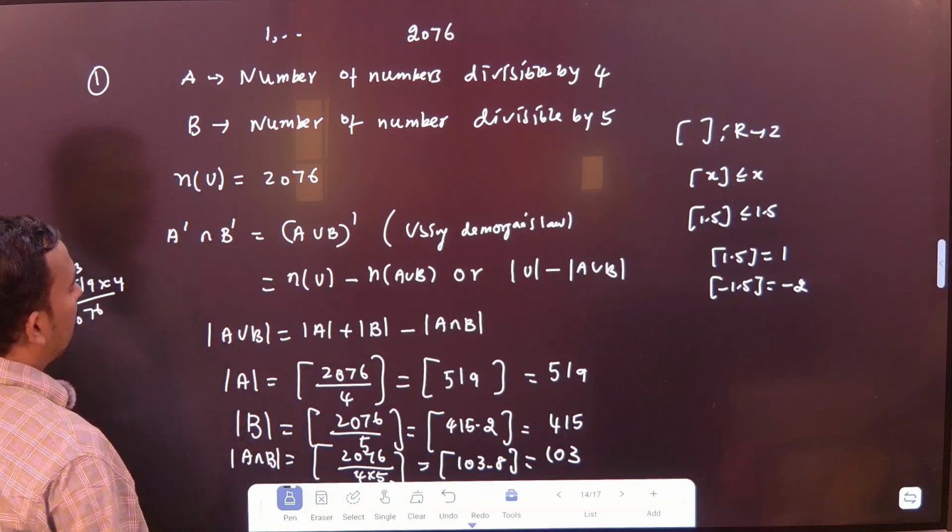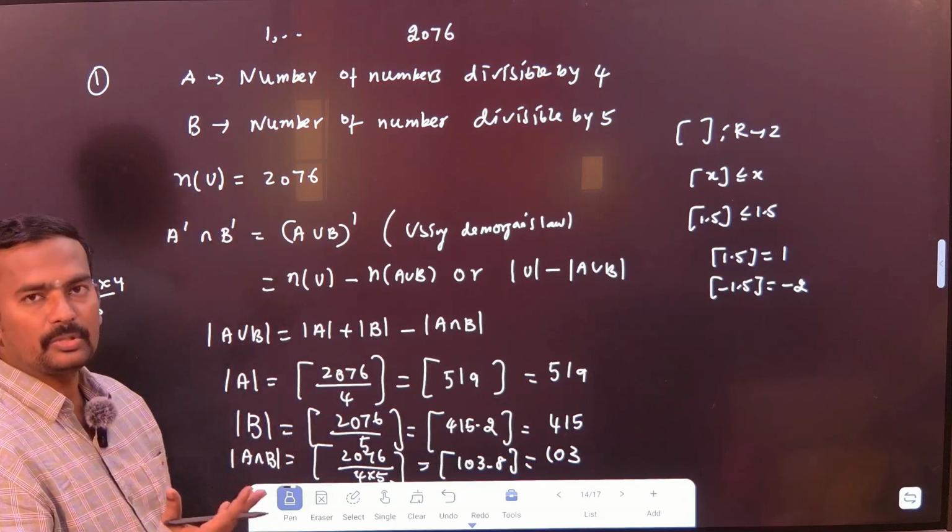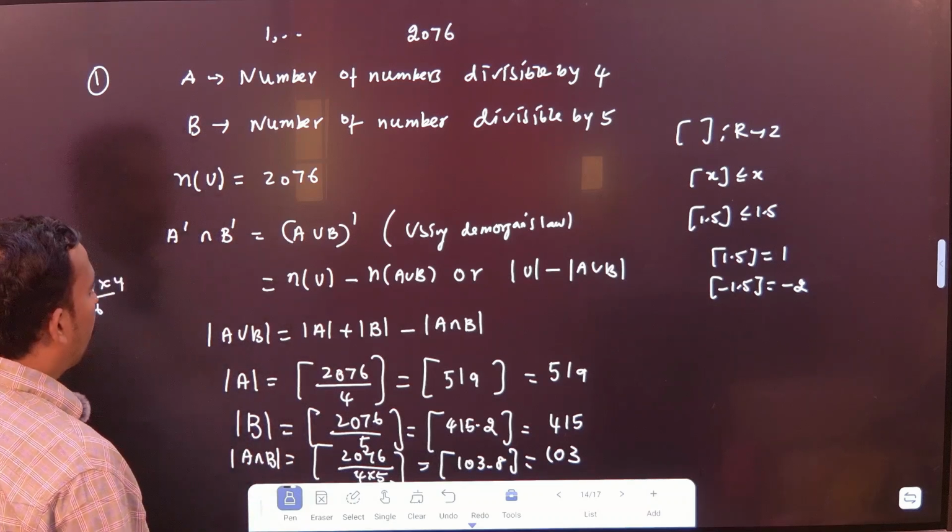Now you can apply the inclusion-exclusion principle, right?